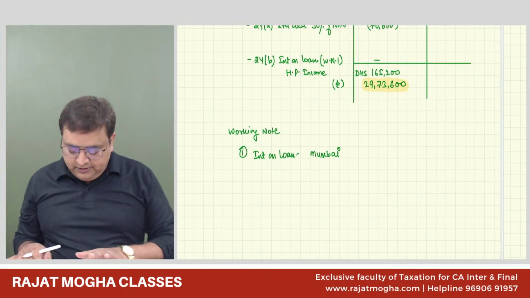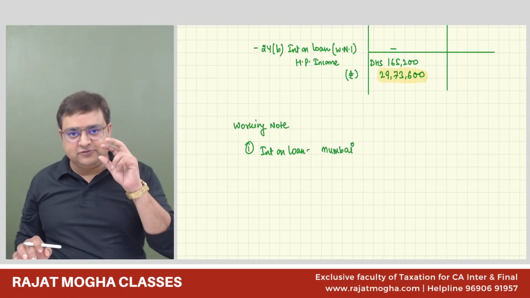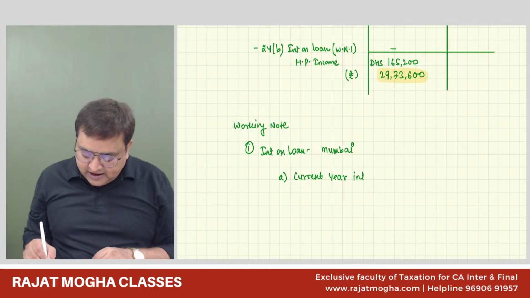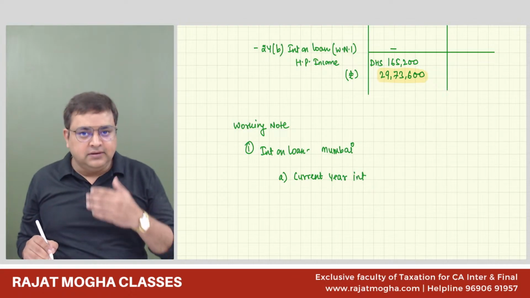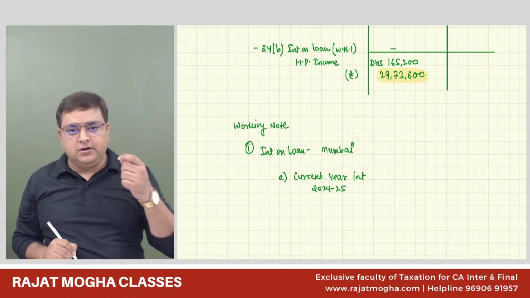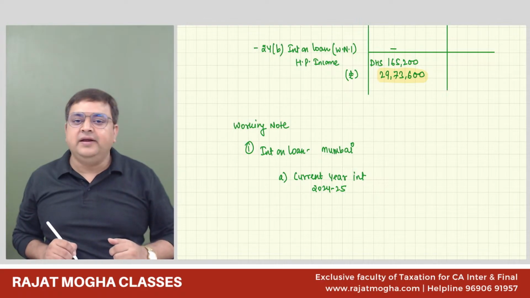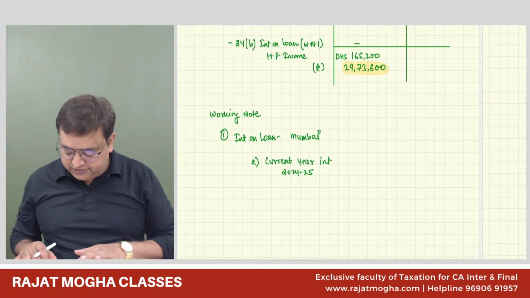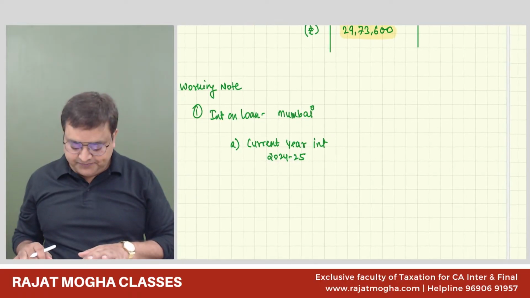Okay. So we understand interest on loan has two parts. First is current year interest. When I say current year interest, I am referring to our year, which is previous year 2024-25, which is actually applicable for our examination.